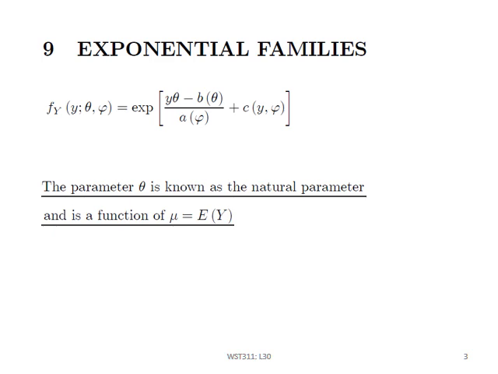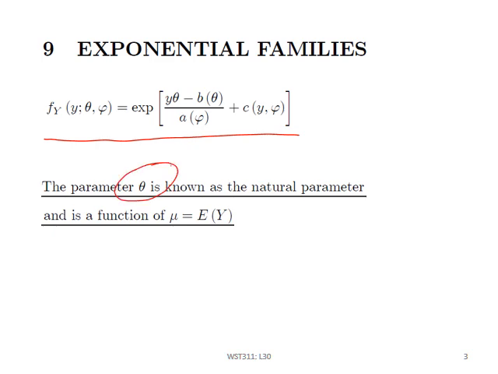Any distribution of whom the density function or probability mass function can be written in this form is considered to be a member of the exponential family. We will see just now how we can rewrite the normal density function to be of this form. We will also see how we can write the Poisson probability mass function in this form.